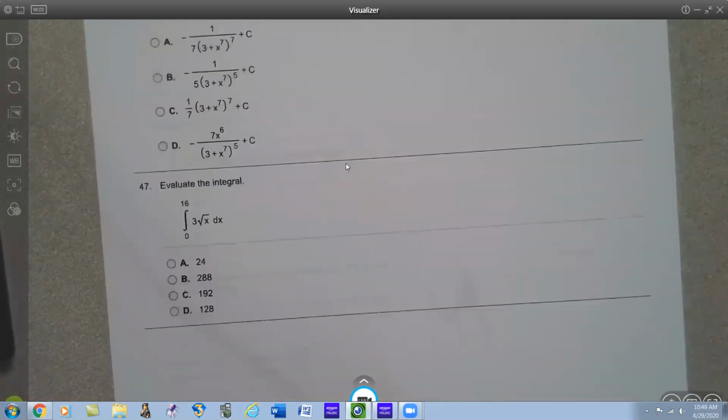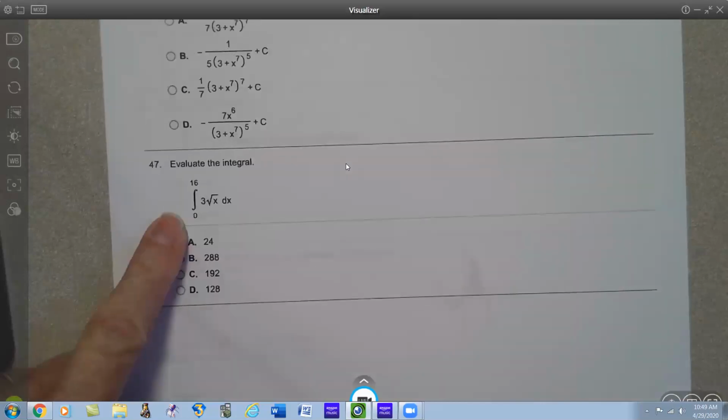Now, since this is a multiple choice test, to save time, for this type of problem on 47, since it's asking us to evaluate, I'd use my calculator.